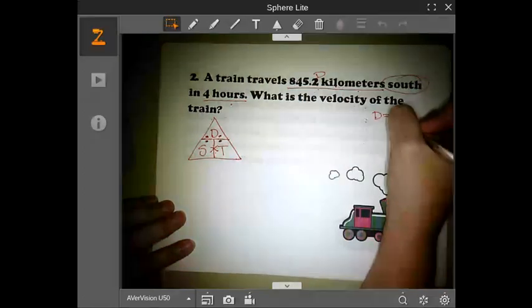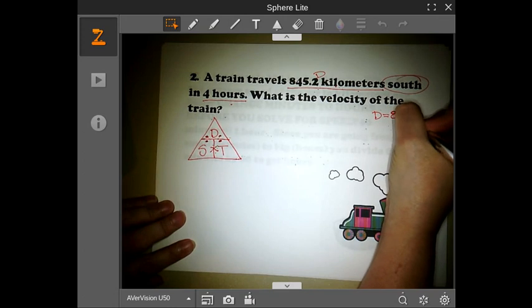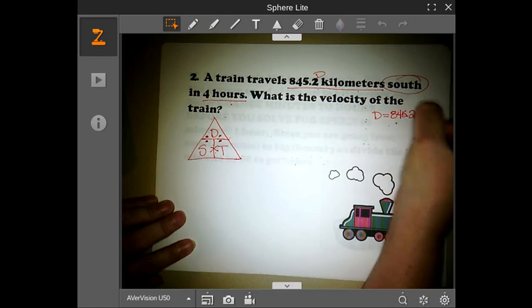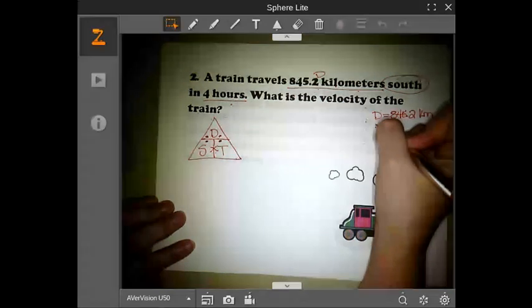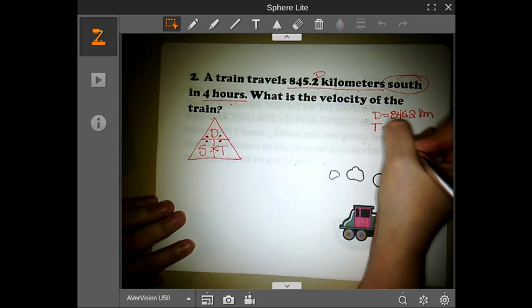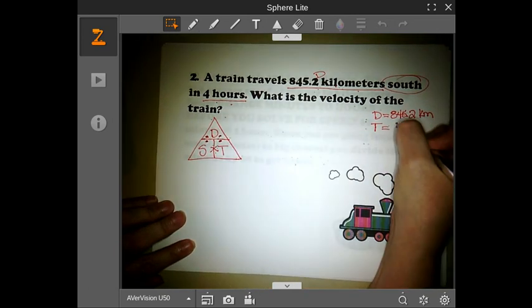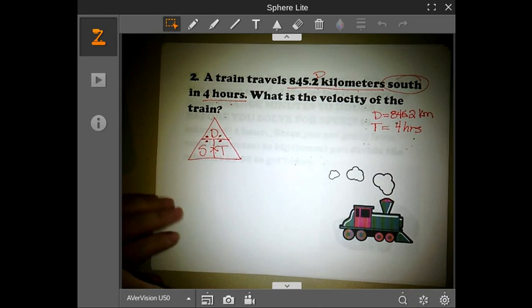So this is going to be distance, 845.2 kilometers. I'm just going to write the abbreviation for kilometers. And then for time, we have the 4 hours. I'm going to just write the abbreviation for hours.